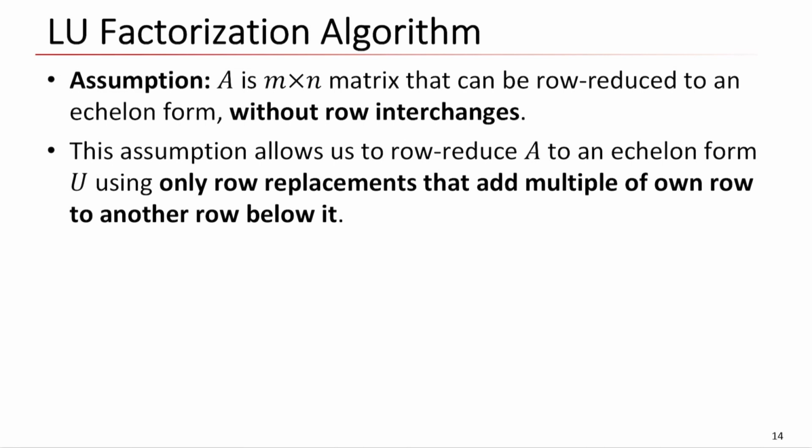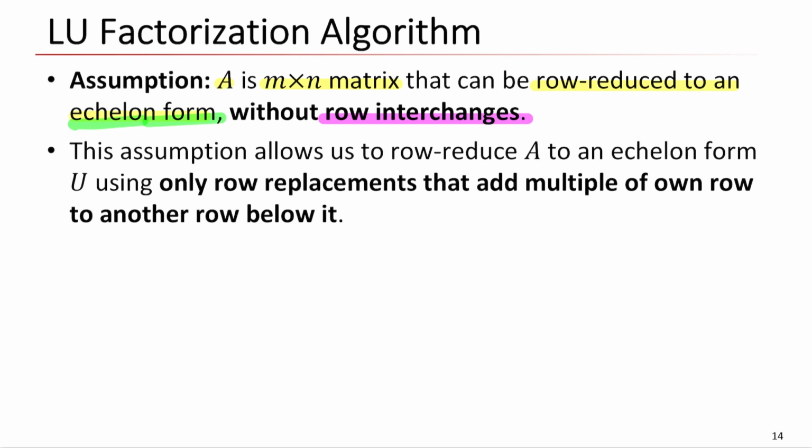Here's the assumption. Let's suppose that matrix A is an n by n matrix that can be row reduced to an echelon form without row interchange.